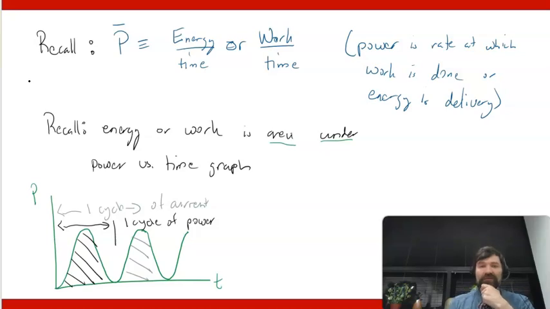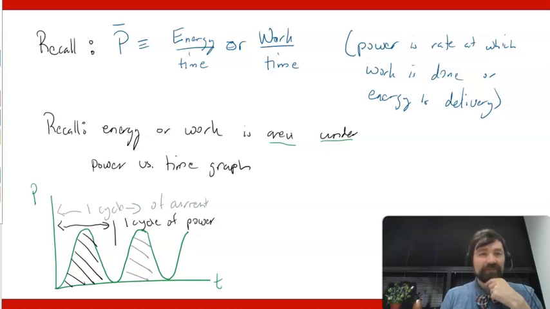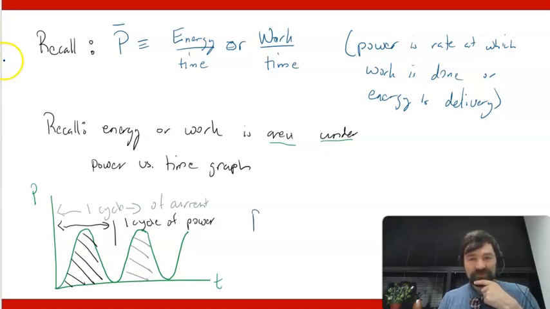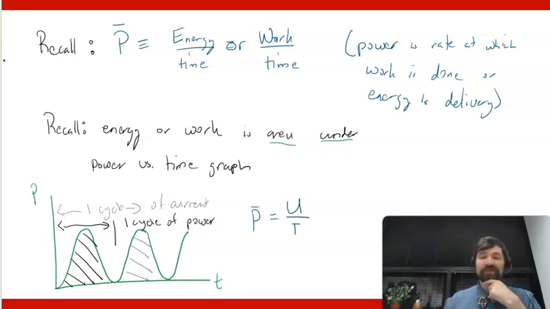Either way, when you find this area, this gray will be the same as this black area, and so you're going for twice as much time, you're getting twice as much area. Either way, when you go to take this average, the power P will basically look like the total energy of a cycle, which we could label as U, divided by the total period.